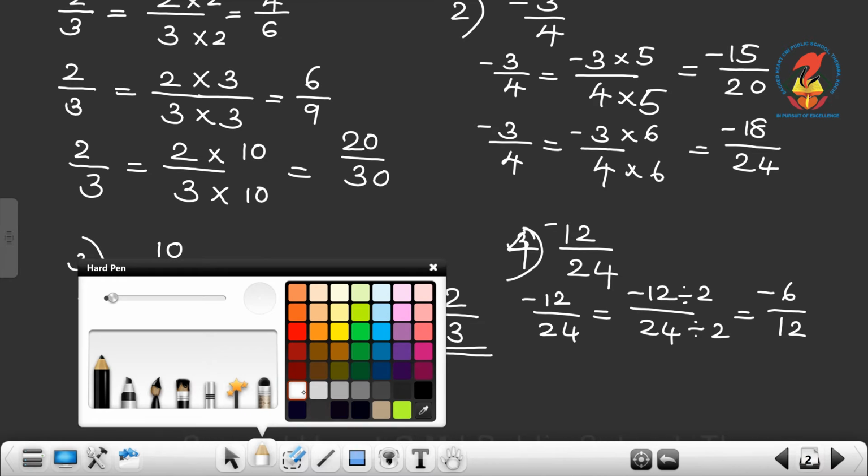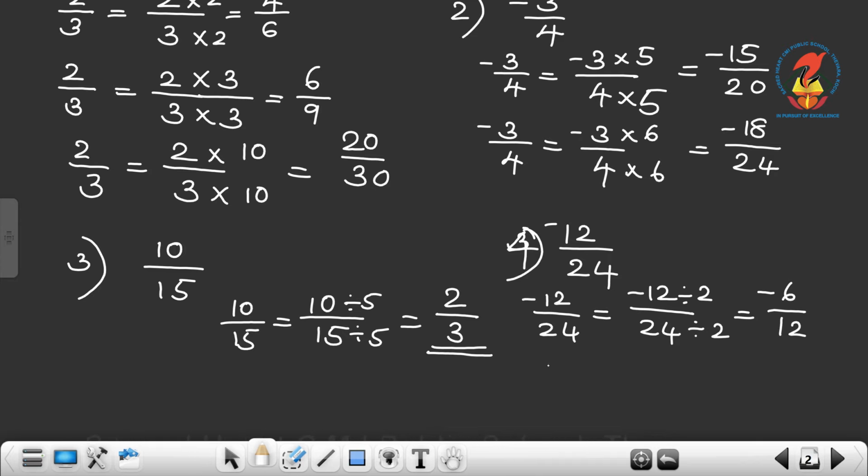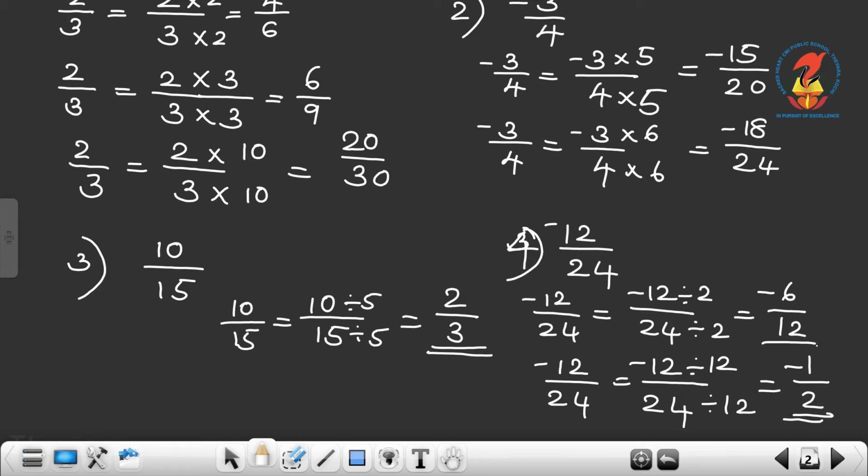Now again, suppose this is negative 12 by 24. If I divide both the numerator and denominator by 12, I will get negative 1 by 2. So that is also a rational number equivalent to negative 12 by 24.